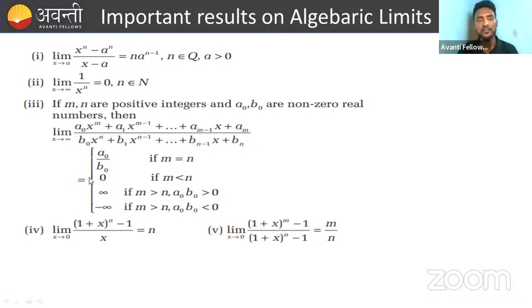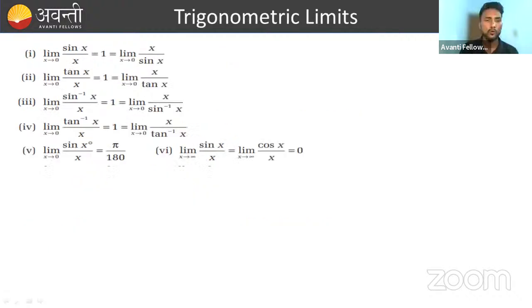Also, we have seen some formulas based on trigonometric limits. I hope you are aware of these formulas. Also, we have seen log of 1 plus x divided by x to the base a, and it is log e to the base a. If the base is also e, then it is nothing extra. Sometimes it will be written as limit x tending to 0 of ln of 1 plus x divided by x, which is also 1.